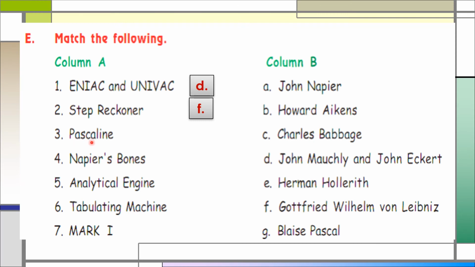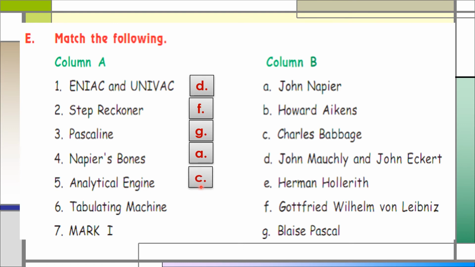Number 3. Pascaline. G. Blaise Pascal. Pascaline was invented by Blaise Pascal. Number 4. Napier's bones. Point number A. John Napier. That means Napier's bones was developed by John Napier. Number 5. Analytical engine.